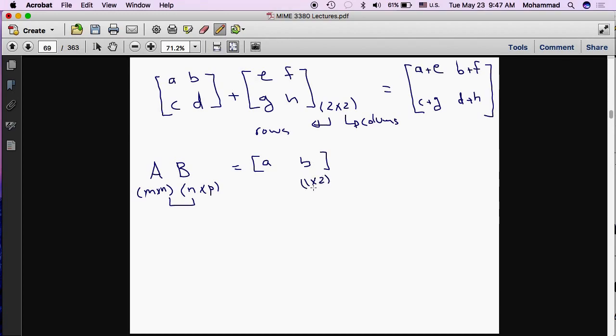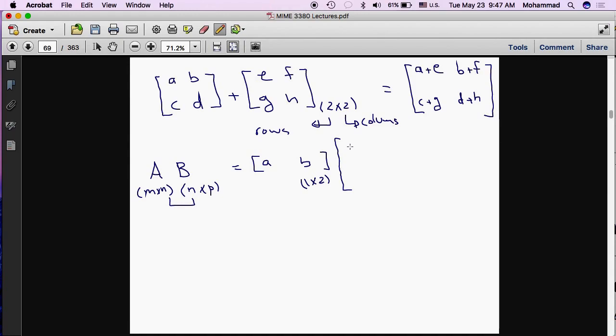It can be only multiplied by a matrix that has, this has 2 columns, so the second matrix has to have 2 rows. The number of columns could be anything, but it has to have 2 rows. So let's say we're going to multiply this by a matrix that has 2 rows by 3 columns. This time let's use numbers.